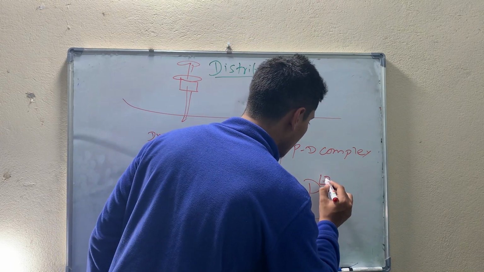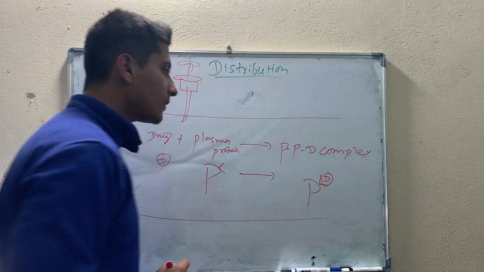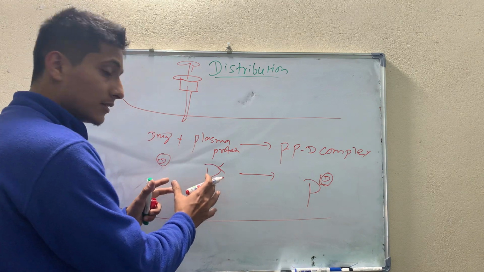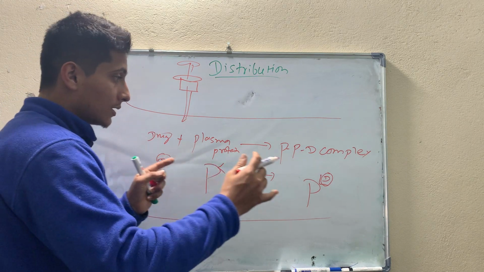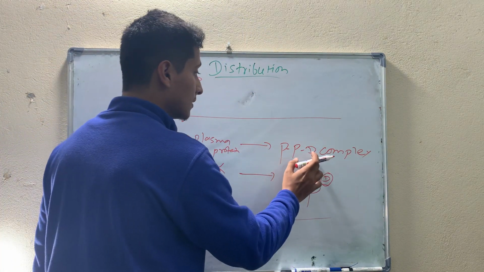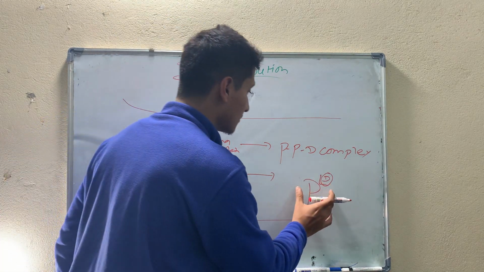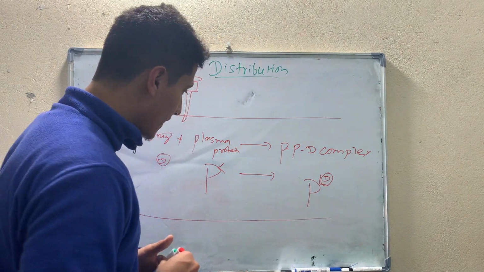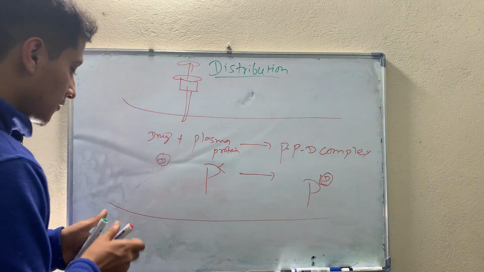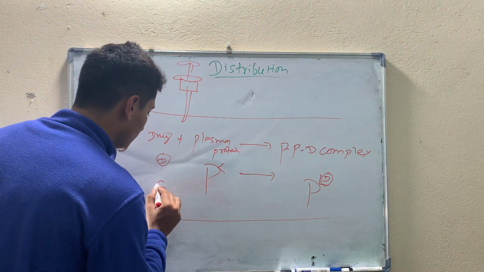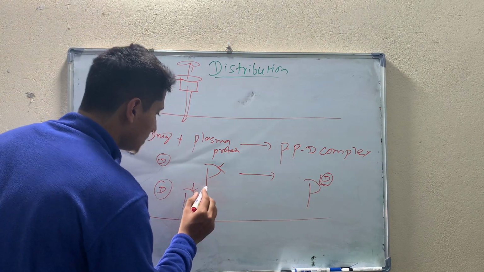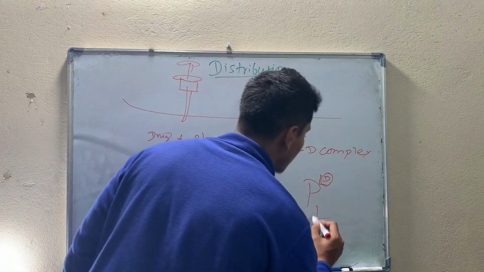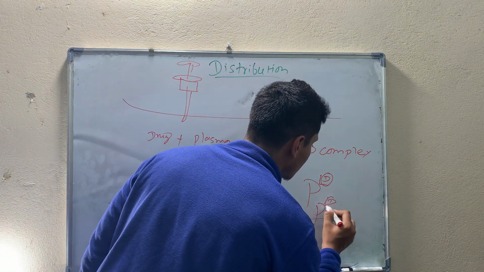Now the drug comes and binds here. So when the plasma protein and the drug combine, they make the plasma protein and drug complex, and the complex looks like this. Now, there are many drug molecules and many plasma proteins, and the plasma proteins bind to the drug.